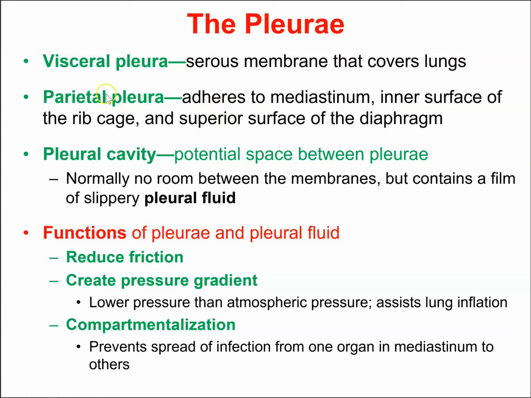And in between the visceral and parietal pleura, there is a space which contains a slippery fluid that prevents the lungs from undergoing friction with surrounding organs. Now, the pleura and the pleural fluid help in reducing friction, help in creating the pressure gradient to allow gas exchange, and they help in compartmentalizing the lungs and preventing infection from one organ to the other.